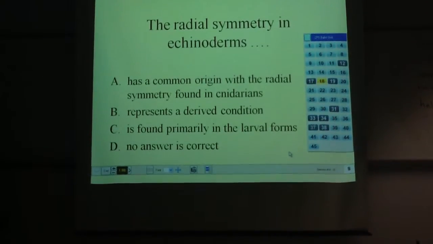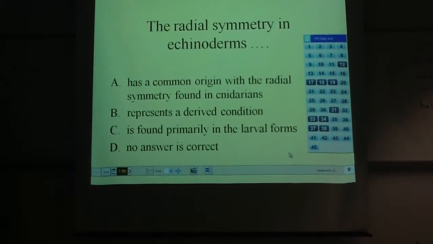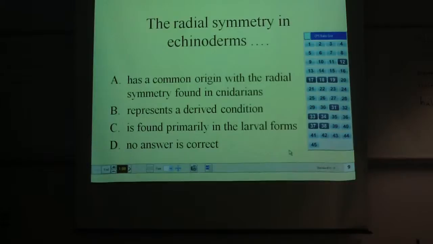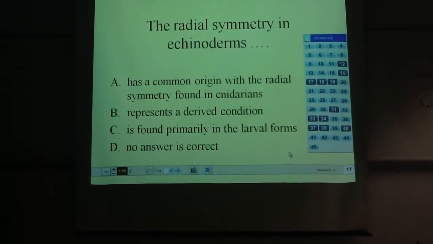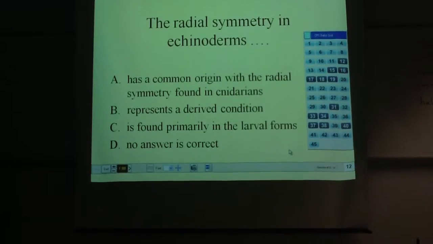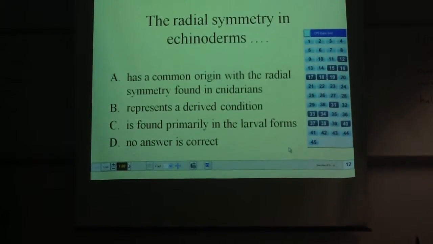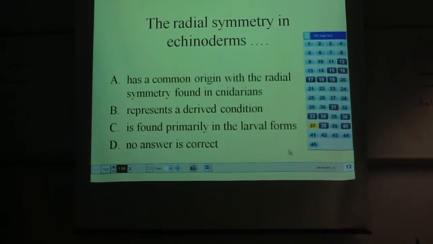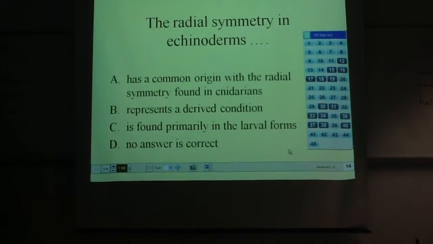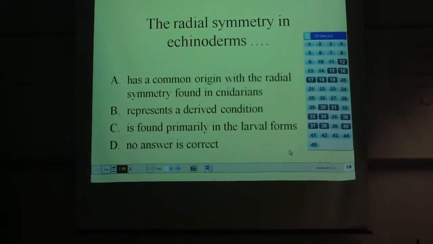So what can you say about the radial symmetry that you find in echinoderms? You are all focused on radial symmetry, right, and not radial cleavage. You really do know the difference between those. You realize those have absolutely nothing to do with one another at all.